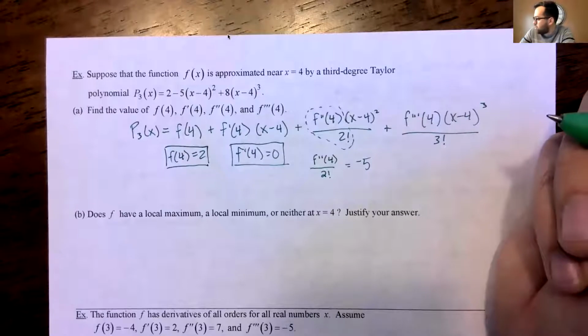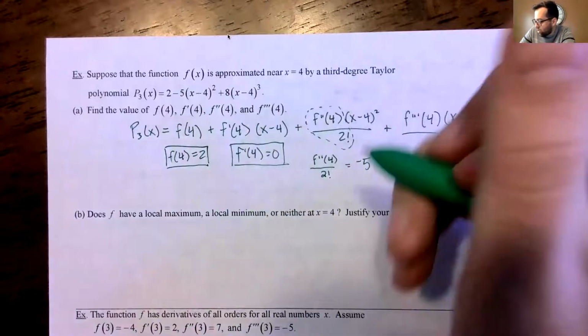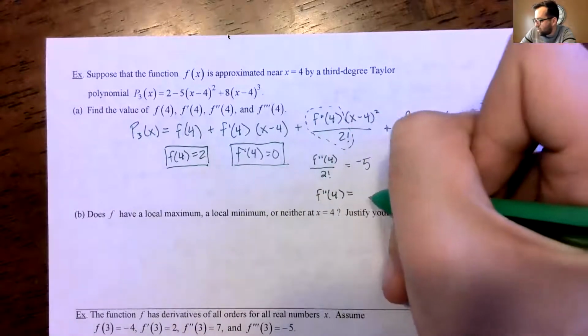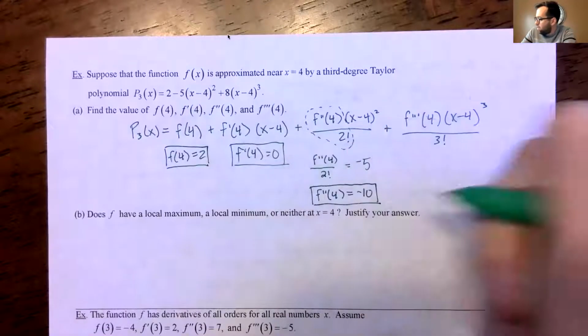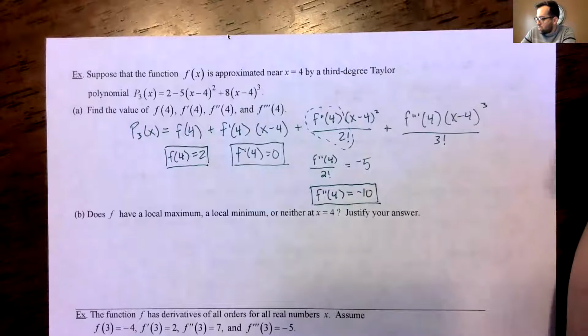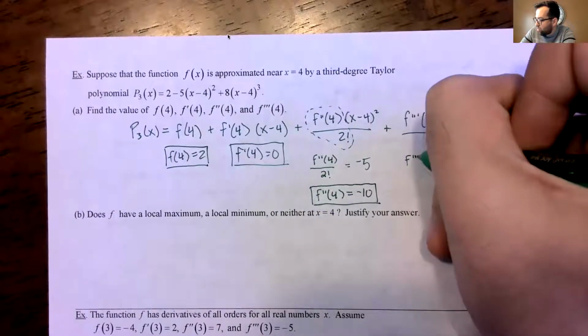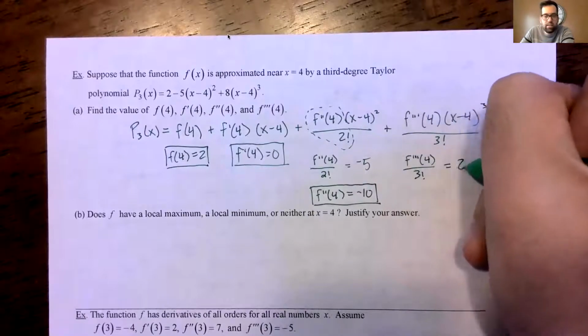So if I multiply the 2 factorial, or really just 2, to the other side, I'm going to end up with f double prime of 4 must be -5 times 2, or -10. And then for this next term, somehow f triple prime of 4 over 3 factorial must equal +8.